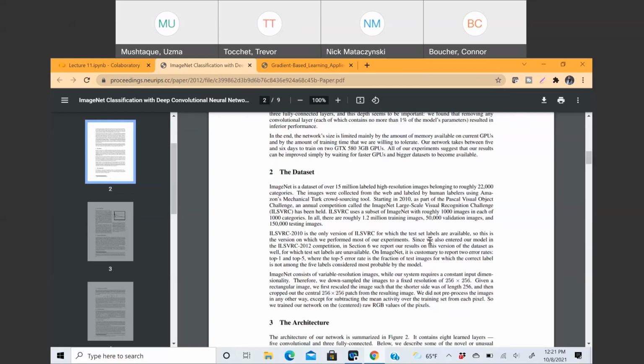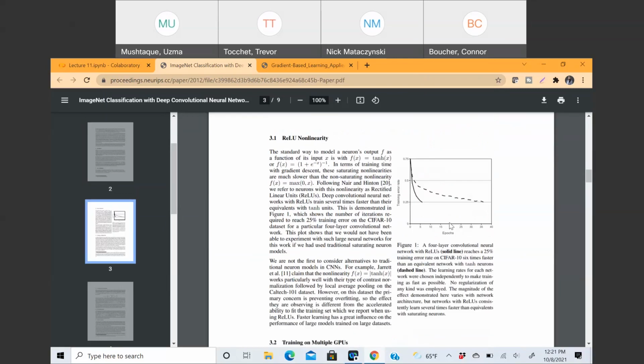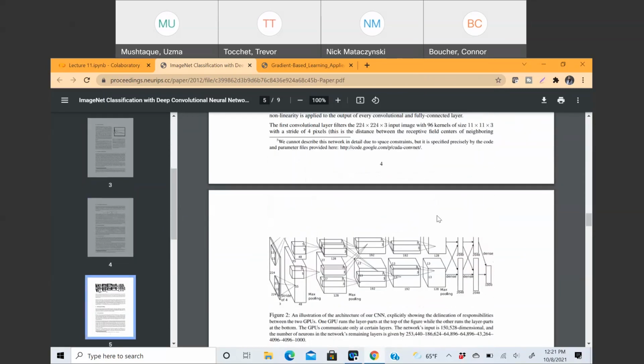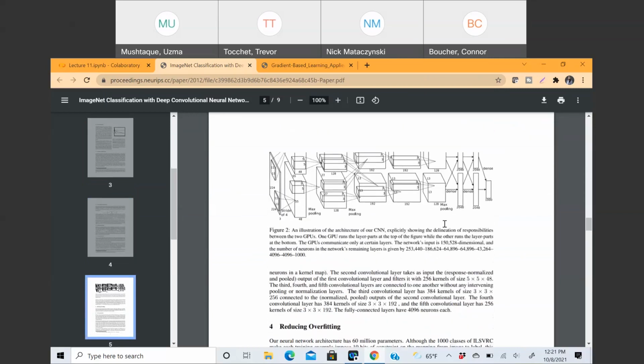The other thing is that it's very similar to LeNet, but the number of trainable parameters, as we just saw here, increases to, I think, 60 million. So from 60,000 to 60 million. The number of parameters, the weights that we are estimating through our model, is around 60 million.